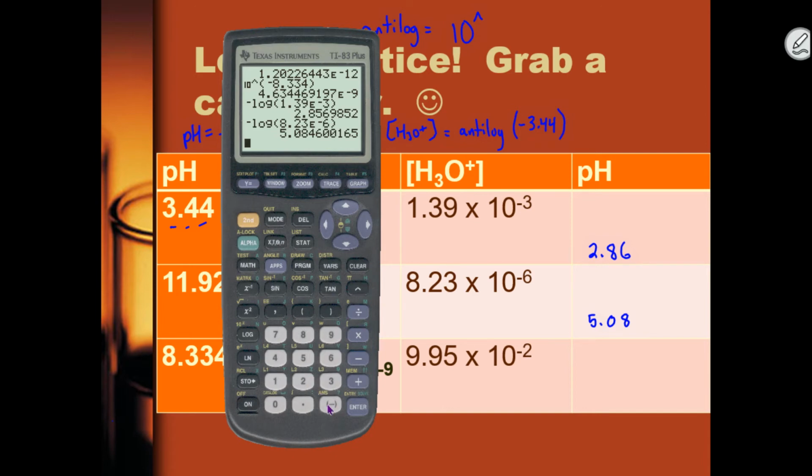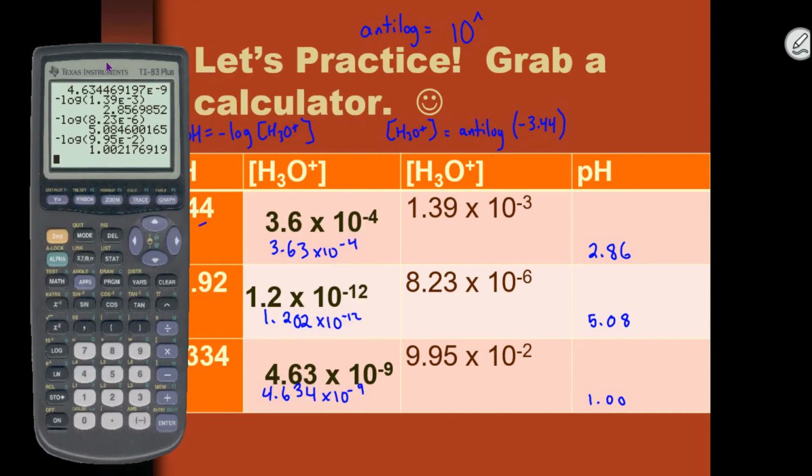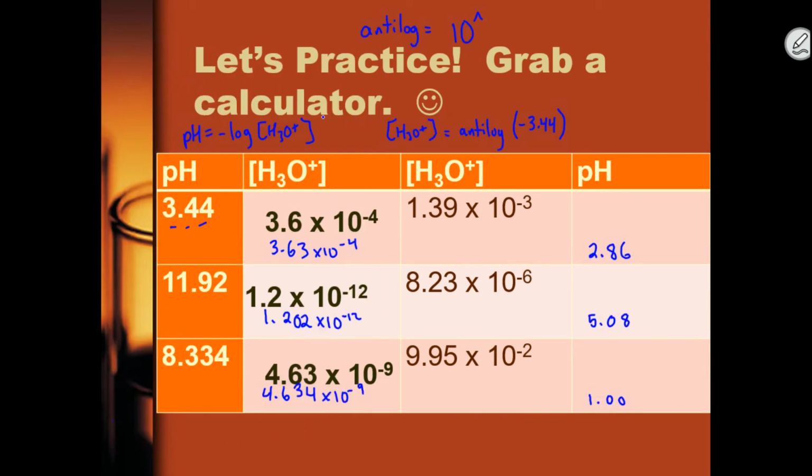And then last but not least, negative log of 9.95, second comma, -2, close parentheses, and that gives me 1.00 for my pH.